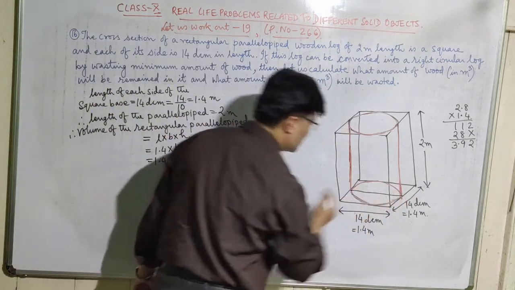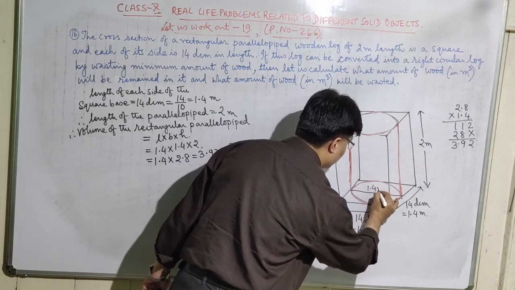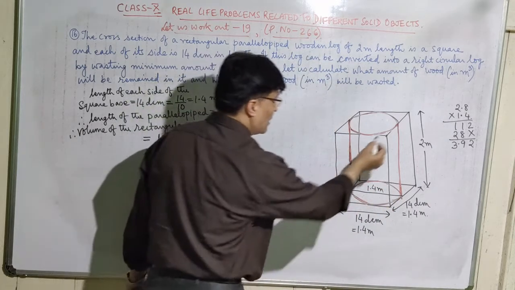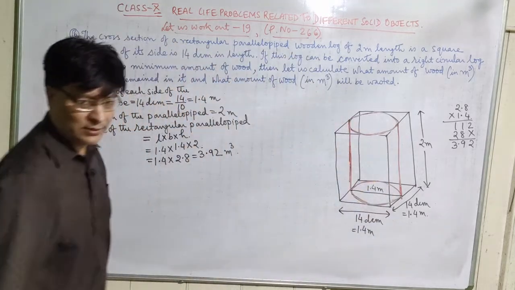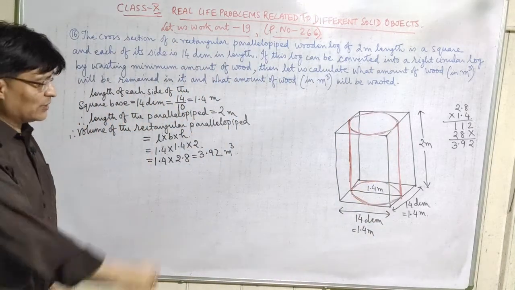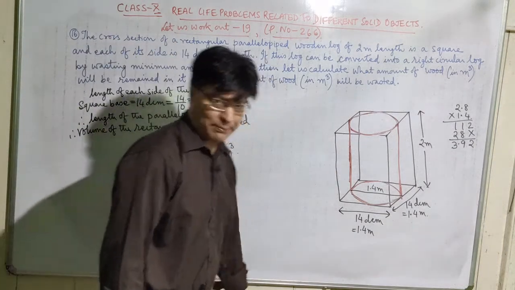What is the base diameter of the right circular log of wood? It is 1.4 meter. Now you have to find out the volume of the right circular log of wood. It is of cylindrical shape.